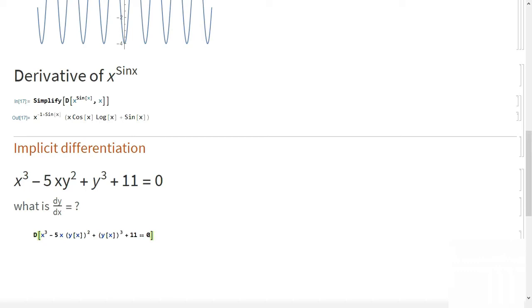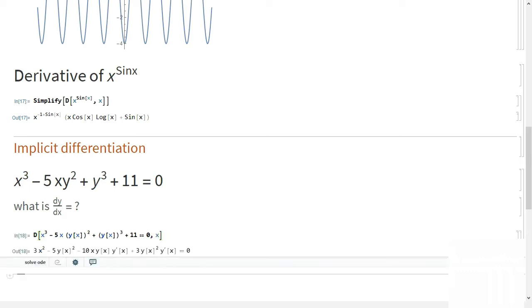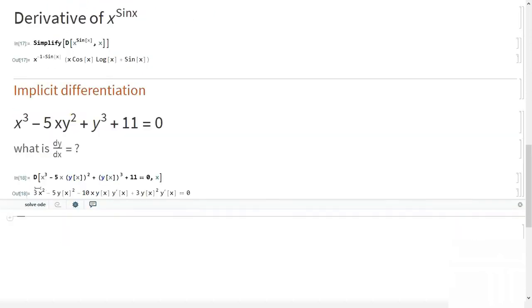And then we want to give a comma, and since our variable is x, just type x, and let's see what this gives. As you can see, this is giving us an expression that involves this y primes, right? And if we solve for y prime, that is dy dx, we will get our desired result.